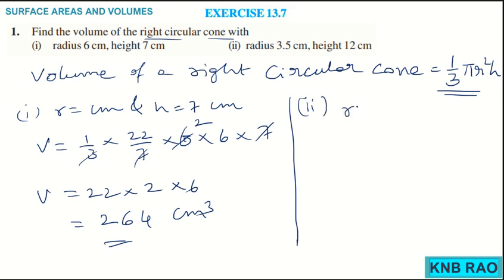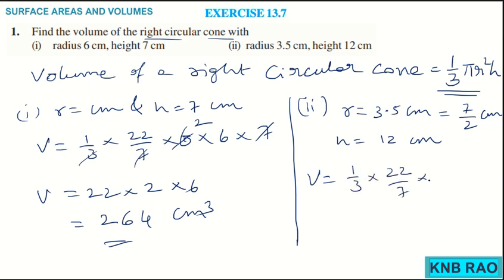Question number 2, where radius is given as 3.5 centimeter, or it can be written as 7 by 2 centimeter, and h equals 12 centimeter. Thus volume is 1/3 into 22 by 7 into 7 by 2 twice, they will be multiplied by itself because of r square, into 12.